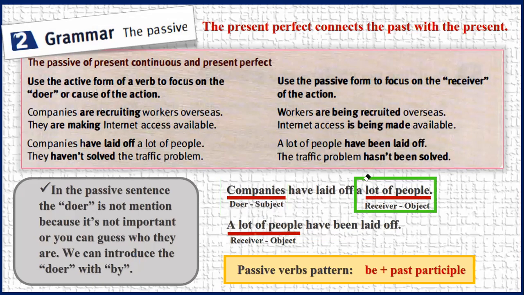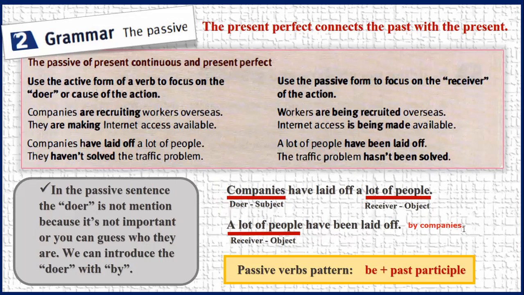Okay, I have more for you. Look at this. I can say a lot of people have been laid off, and if I want to know who did this, I can say by companies. Yes, everybody? Just like that? Then I have the doer.